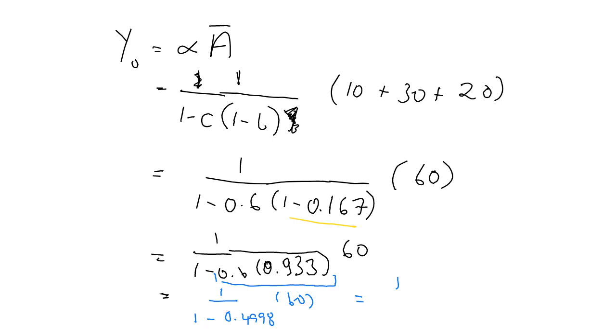So this would then equal 1 over 1 minus 0.5 times 60. We haven't even touched the 60 yet, but we're going to get to that, which is now 1 over 0.5 times 60 million. So 60 divided by 0.5, what's the number that you get?